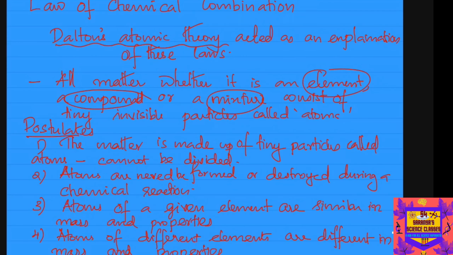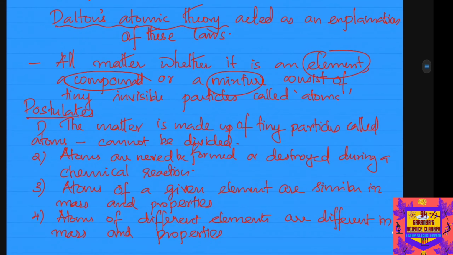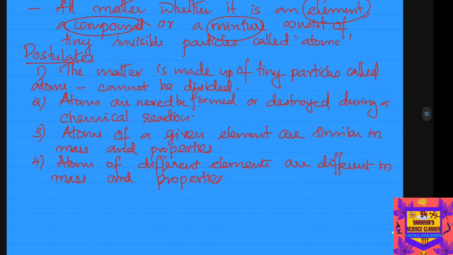That means they are variant in their nature. The fifth postulate of Dalton's atomic theory is that atoms form compounds by combining in a fixed ratio, a whole number ratio. So atoms combine in a whole number ratio to form compounds. That was the fifth postulate.